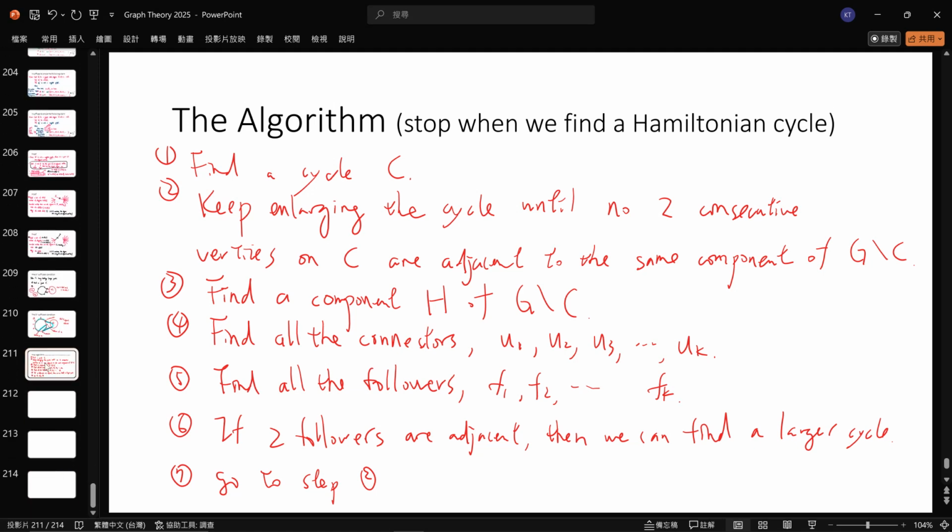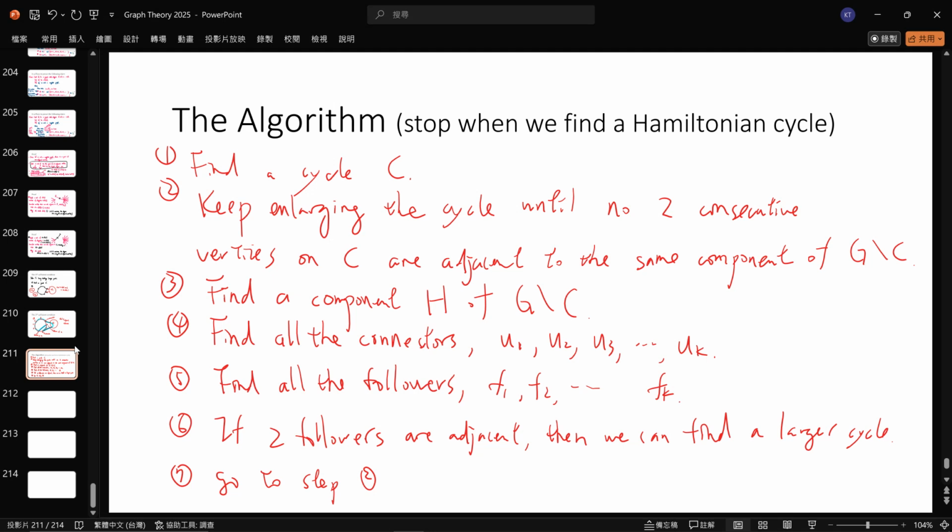Okay, so let's continue. Before we prove that the algorithm can always output a Hamiltonian cycle under a certain condition, let's first review the algorithm and see which step is easy, which step is always doable.